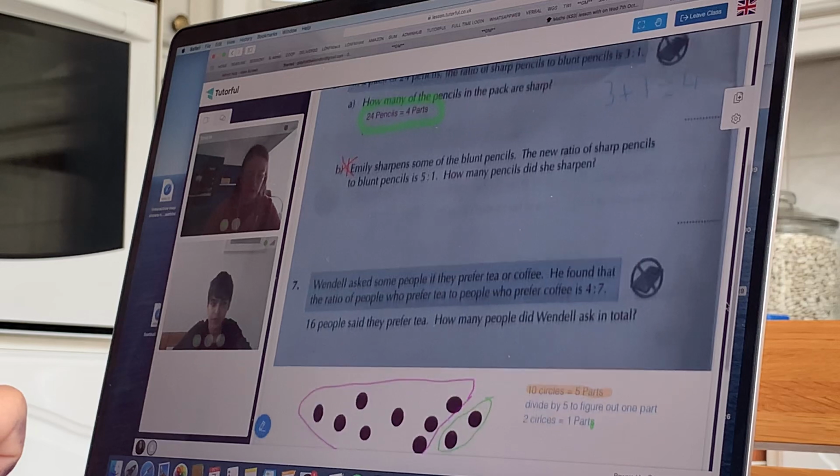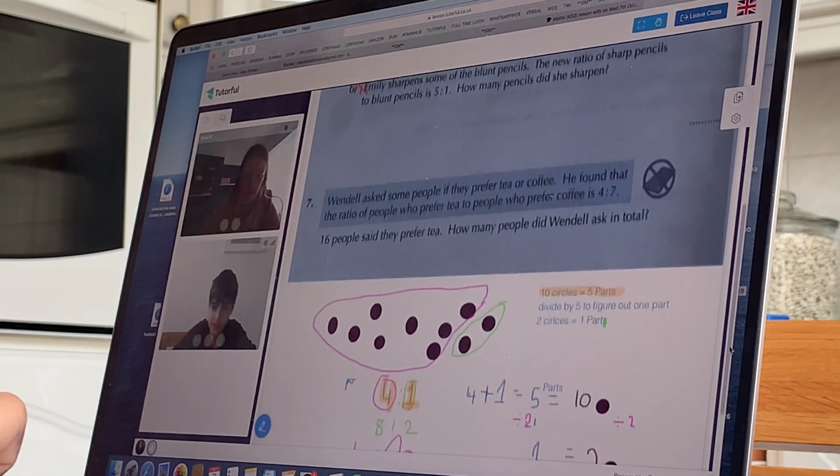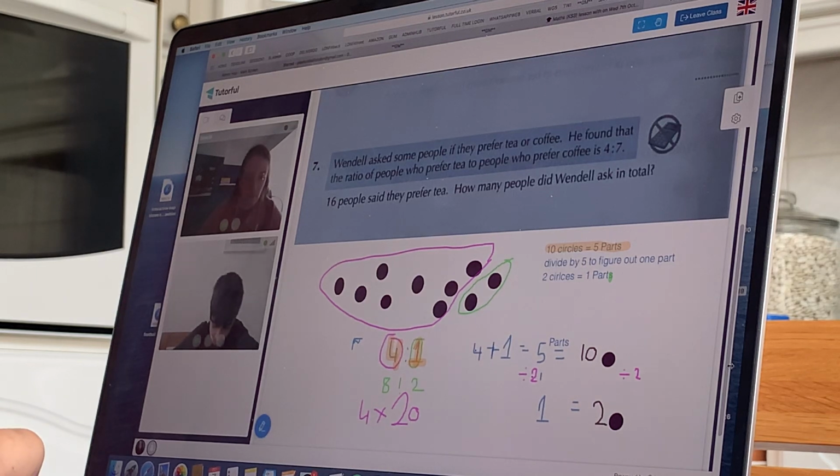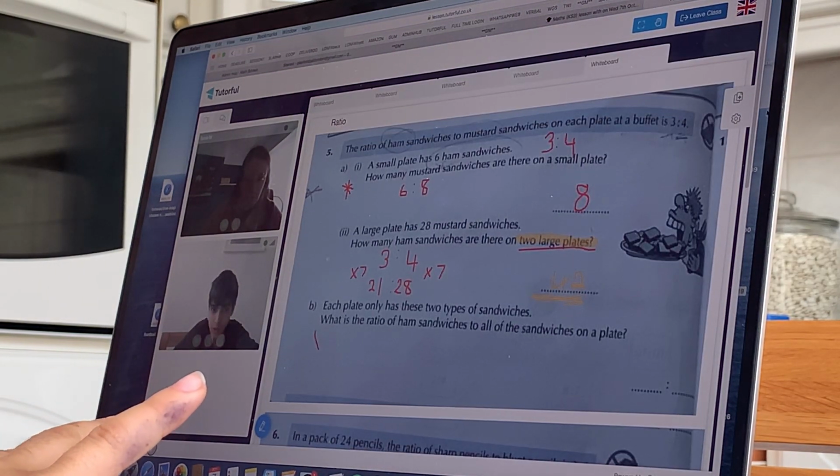Do we have to divide 24 by 6? Not 6. 4. Yeah, brilliant, really good. Does that divide both sides by 4? Because then we get 6 pencils equals 1 part. So you divide it by 4, and then 6 pencils, 1 part.